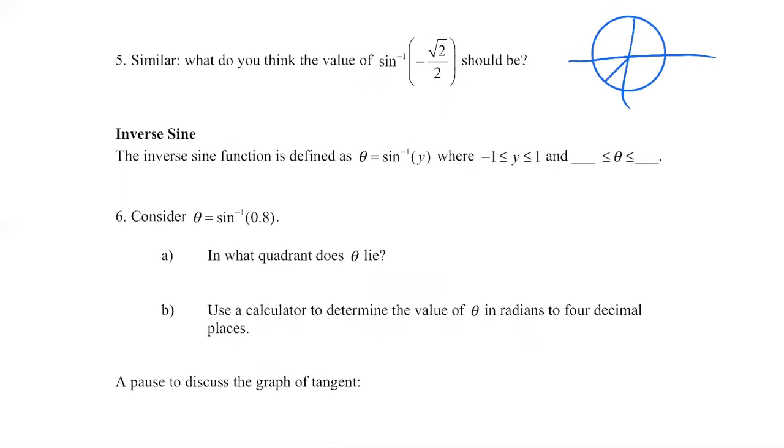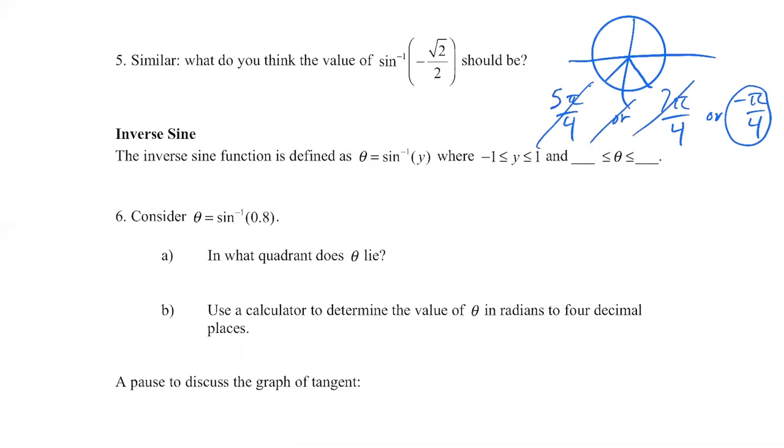I could have 5 pi over 4, or I could have 7 pi over 4. Both of these will have negative root 2 over 2 as their sine value. Actually, there's another option. It could be negative pi over 4. And in fact, negative pi over 4 is the one that we go with.